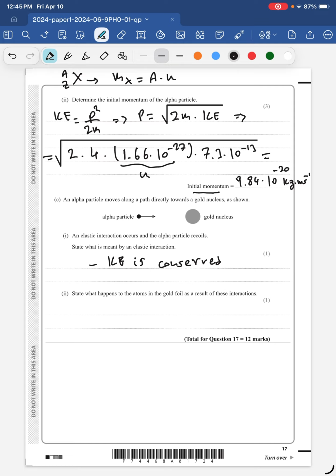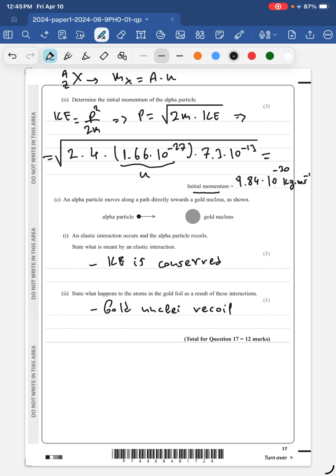And part 2, state what happens to the atoms in the gold foil as a result of this interaction. So the gold nuclei recoil, but most of the momentum is carried by the alpha particle, because the gold nucleus is massive, so it doesn't move too much.